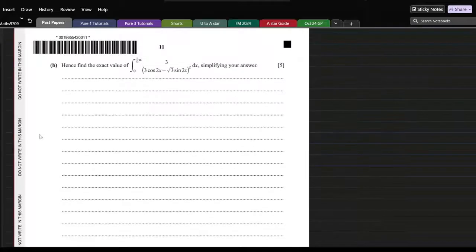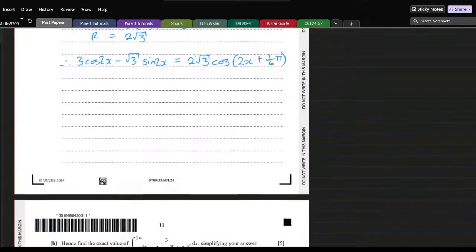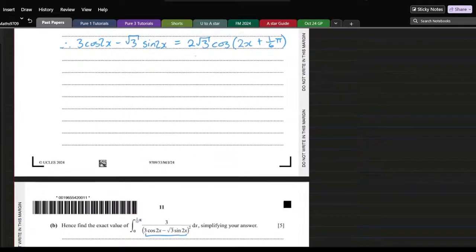Part B says, hence find the exact value of the integral from 0 to 1 over 12 pi of 3 over (3 cos 2x minus root 3 sine 2x) squared dx, simplifying your answer. Alright, so I believe this is from part A, that 3 cos 2x minus root 3 sine 2x, and we say that this is equal to this.